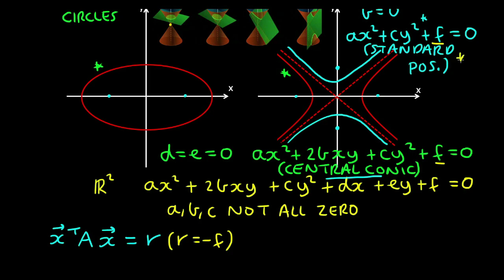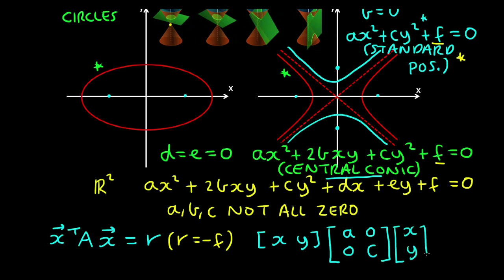So the central conic in standard position, with no cross terms, can be written as xy, and the coefficients of the squared terms go on a diagonal, and we have no cross terms, so we have 0 off the diagonal, and that's multiplied by xy is equal to R.